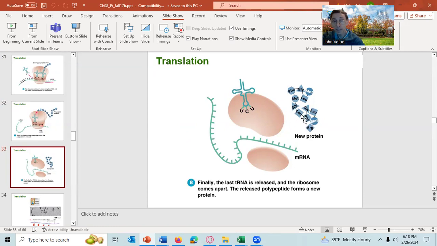Anyways, when that happens, this will be the newly translated protein, which we call the protein. Before that, when it's the growing protein, you really should call it a polypeptide chain.